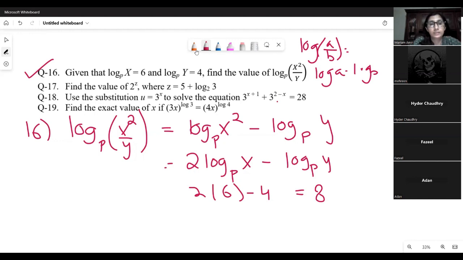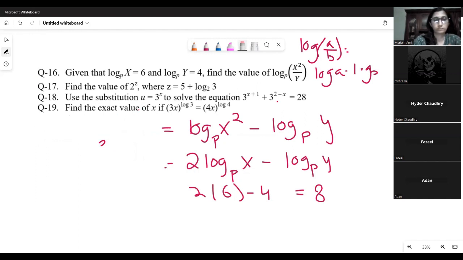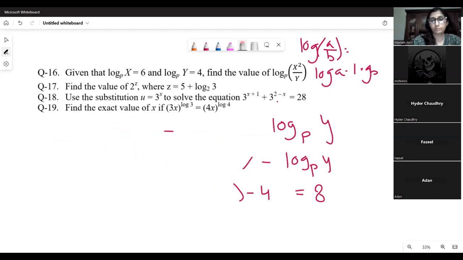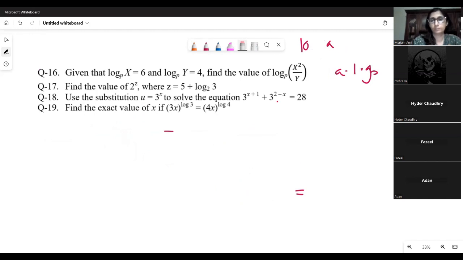Let's do question 17. Find the value of 2 power z.